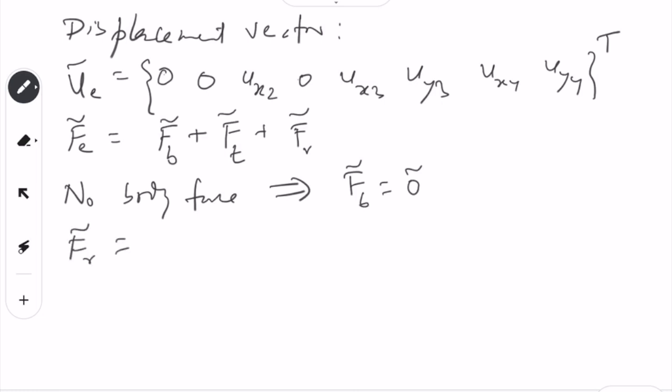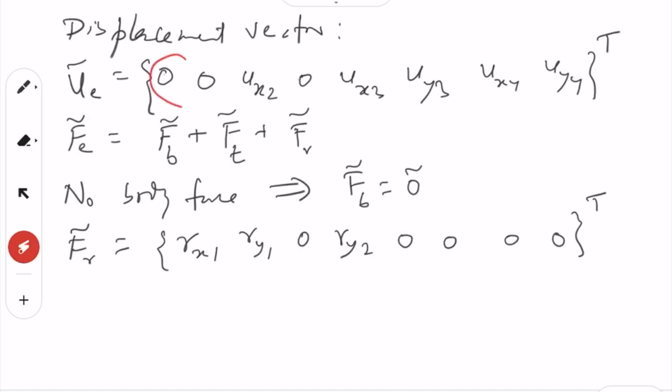Now next thing is we can have FR, and looking at that, wherever we have 0, there will be a reaction. And wherever there is a U, there will not be any reaction. So basically FR will be equal to, you can write it as Rx1, Ry1, 0, Ry2, then 0, 0, 0, 0.